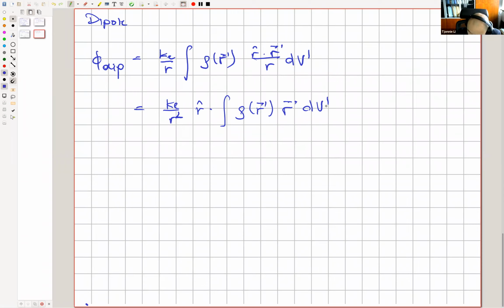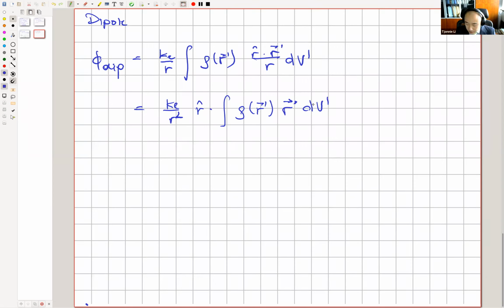Now, I just want to highlight that this here is a vector quantity. The charge density is a scalar, this is a vector, and here we've got a scalar element.